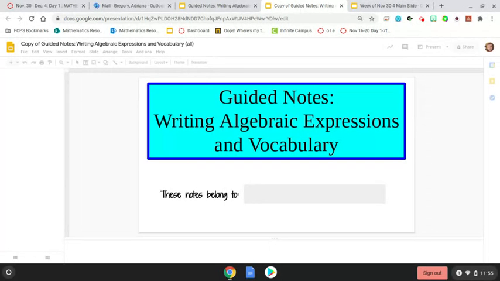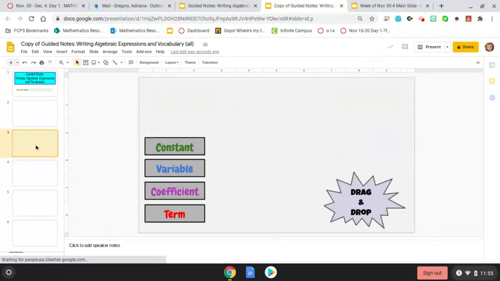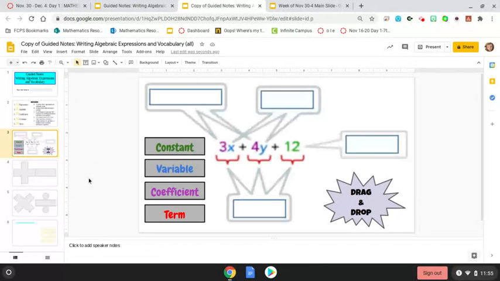So join me on the next slide and we're going to label the parts of an expression. All right, so we've got our words, constant, variable, coefficient, and term, and we're going to drag and drop them to represent each part of the expression. So an expression is a mathematical sentence.